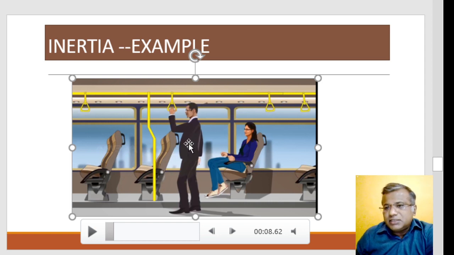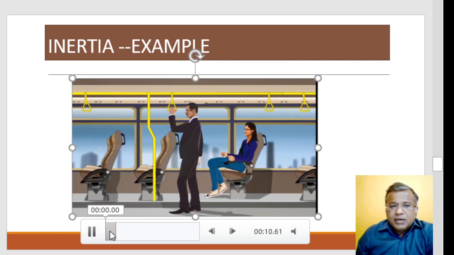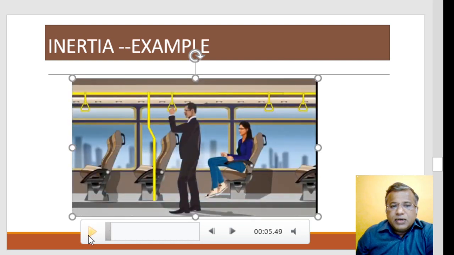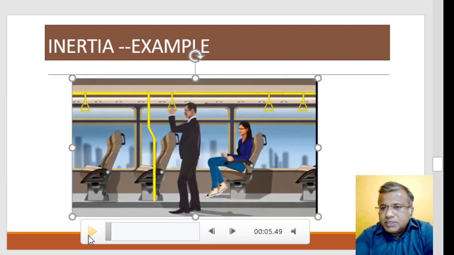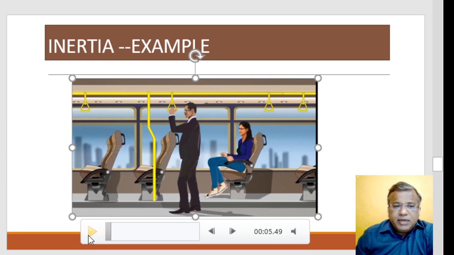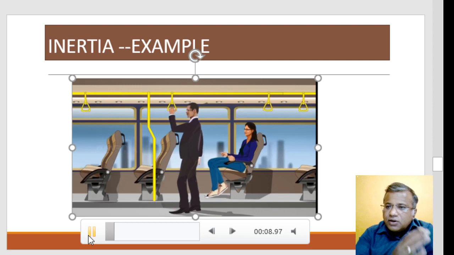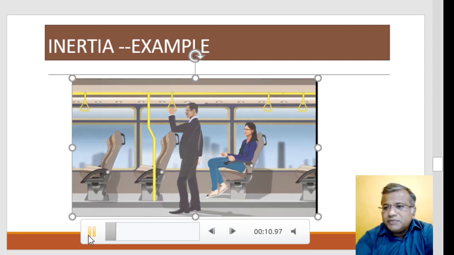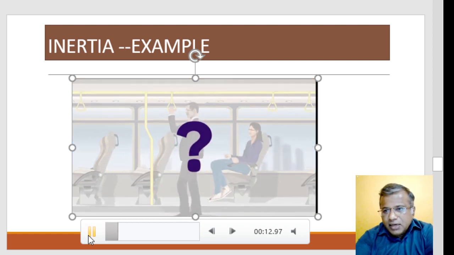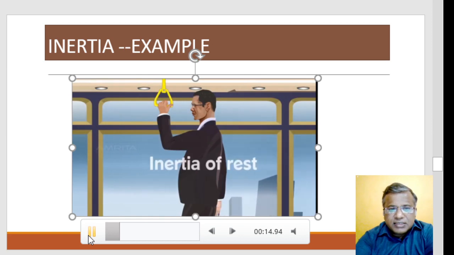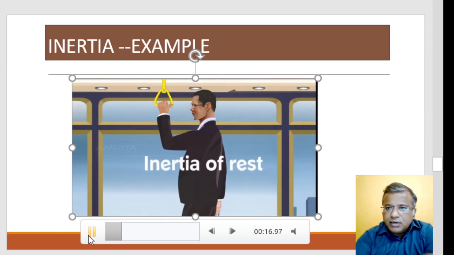A backward direction. So as you can see here, this is how it happens basically: the moment the bus starts, the person feels a jerk in which direction? Backward direction. And the reasoning here is that the upper part of the body was in a state of rest.